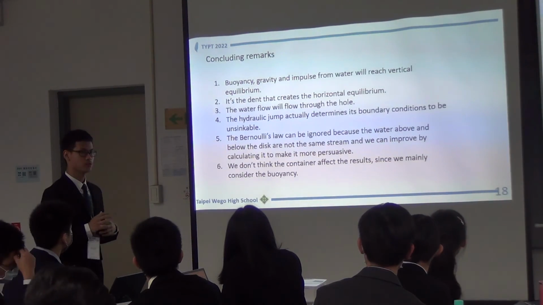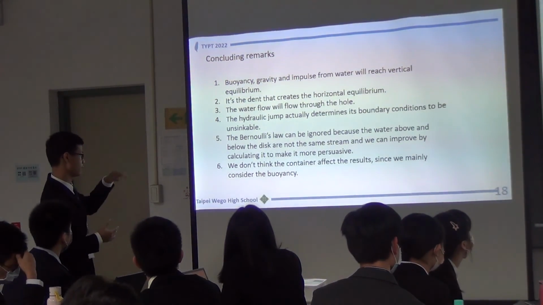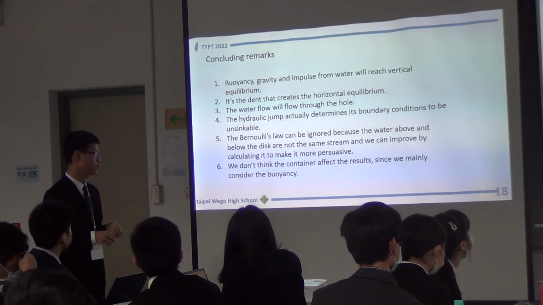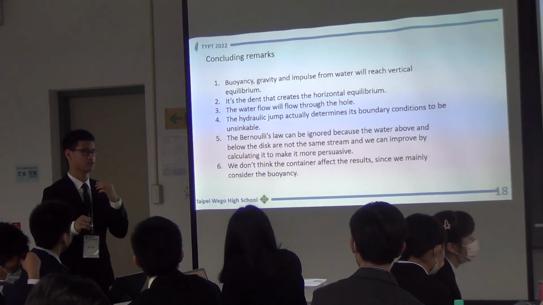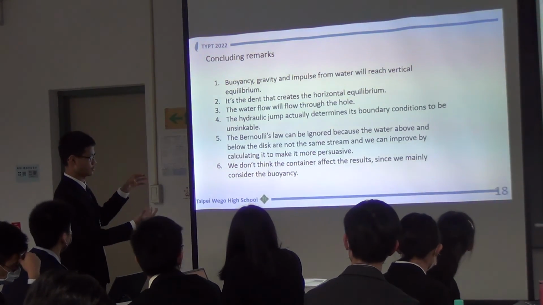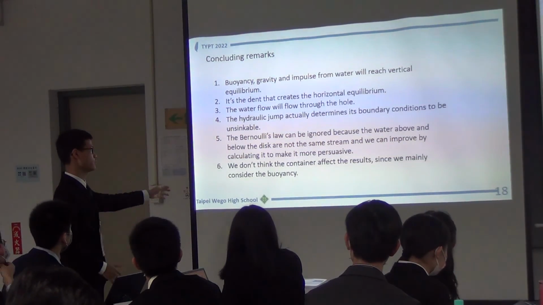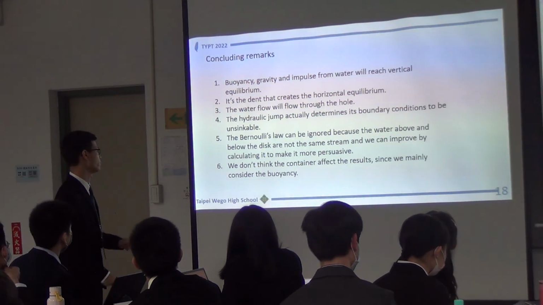And about Bernoulli's law, we think that it can be ignored because the water above and below the disk are not in the same stream. However, I think to improve it, we can actually calculate the pressure difference if the Bernoulli principle works. We put it into our calculation and compare with our results to further improve it.